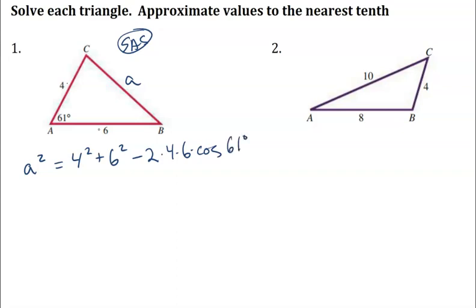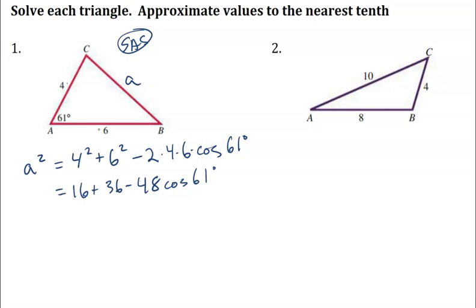So we've got 16 plus 36 minus 48 cosine of 61. I'm going to avoid typing things in the calculator until as long as possible so that I don't end up rounding too early.